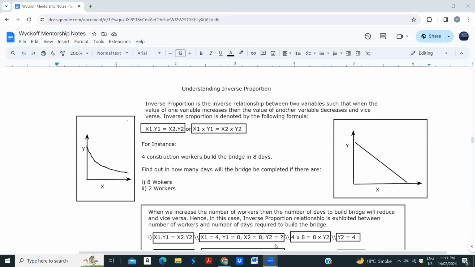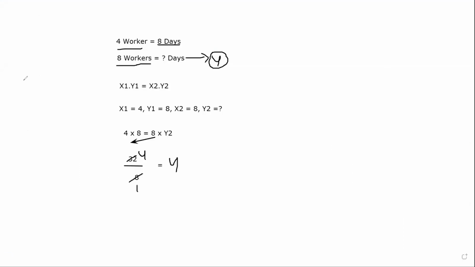We have to go back to our whiteboard, and I'm going to do this calculation with 2 workers.